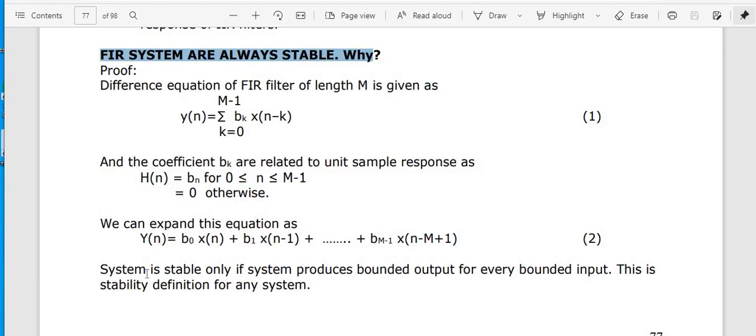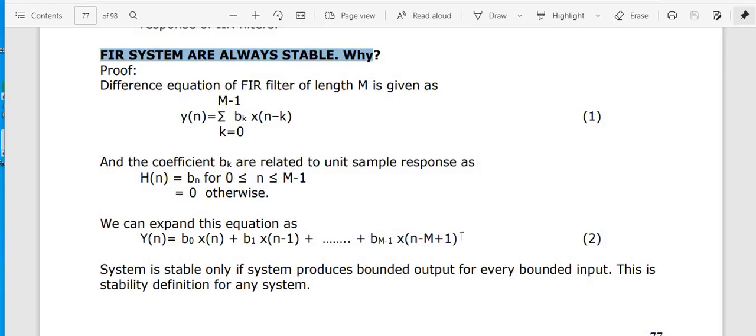If you want to write the output y of n, we can substitute k equals 0: b0 x of n, then b1 x of n minus 1, b2 x of n minus 2, and so on, up to the last value, b_(M minus 1) x of n minus M plus 1. So this is the expansion.